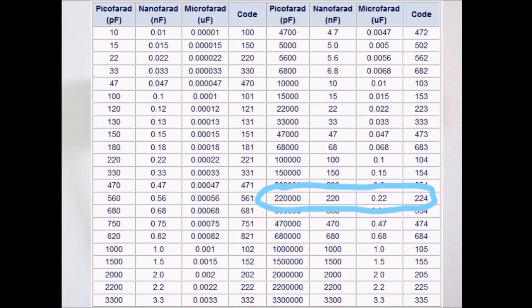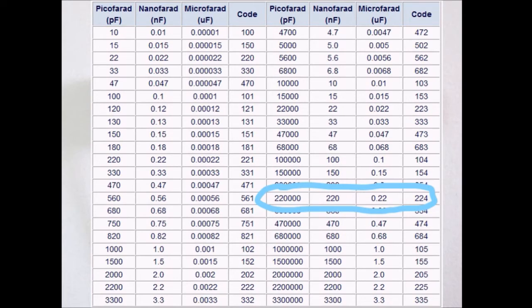If you look at the far left column that's circled, you will see that it's 22 and 4 zeros, which is 220,000 picofarads. And then if you remember from our chart where we moved the decimal place over 6 times to convert to microfarads, that would give us a total of 0.22 microfarads.